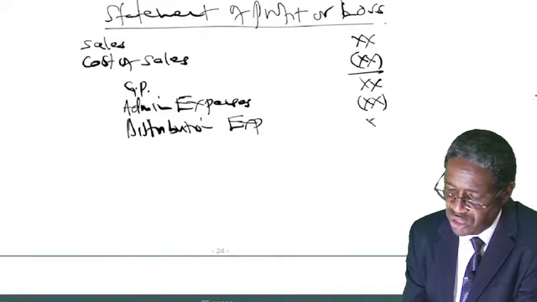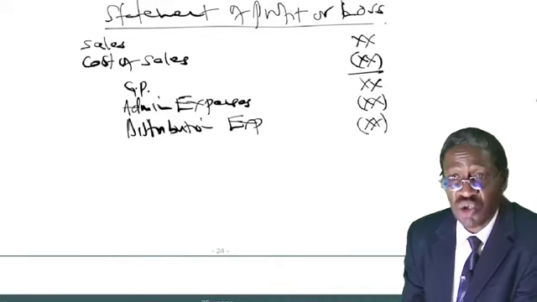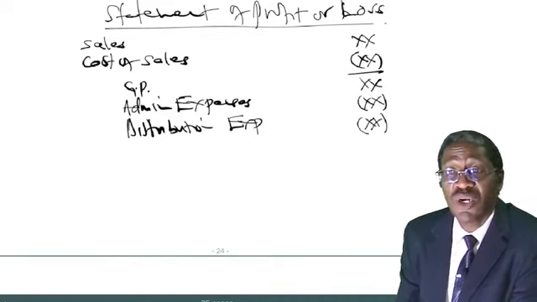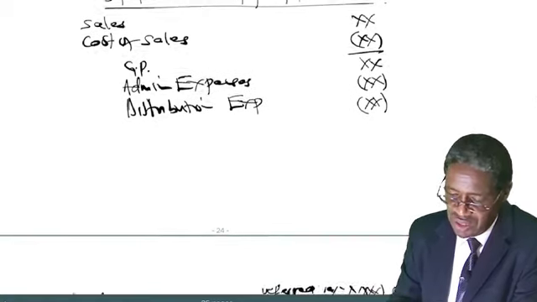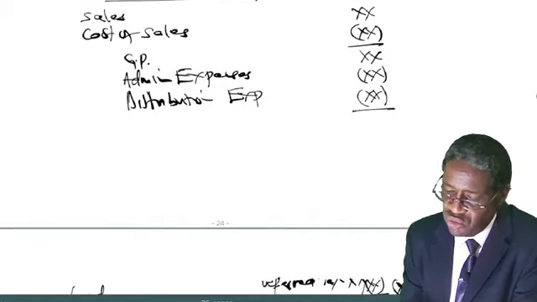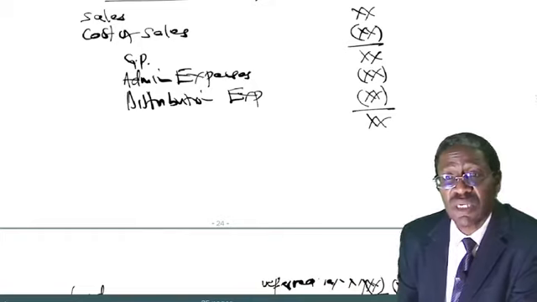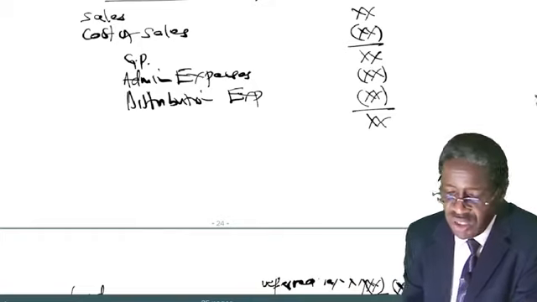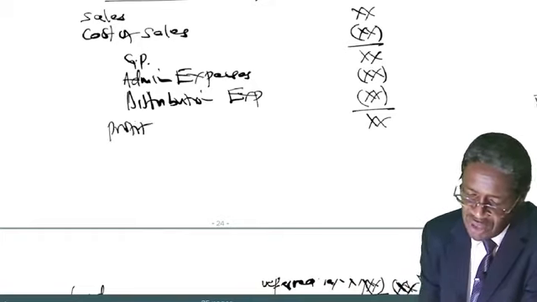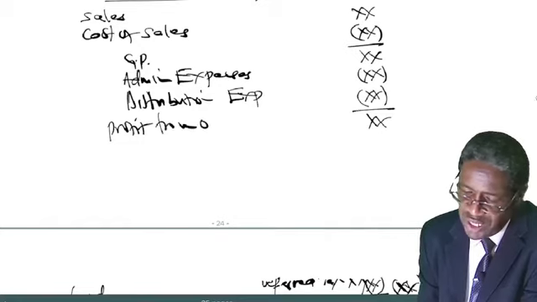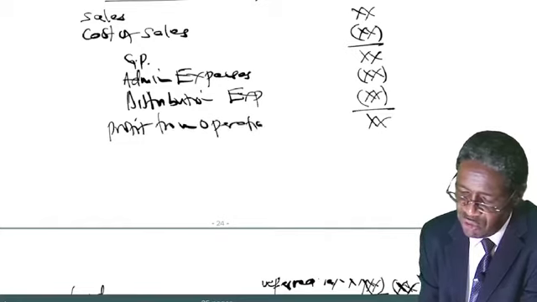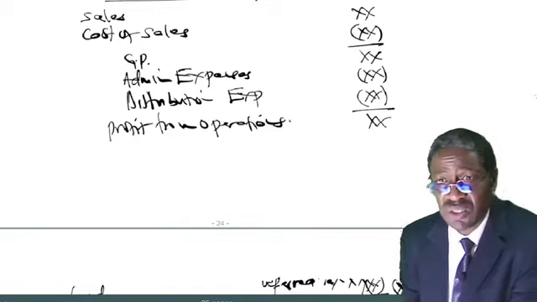Find out from the question or work out in total what all your distribution expenses are. Then get the net, and that net is what I called profit from operations.